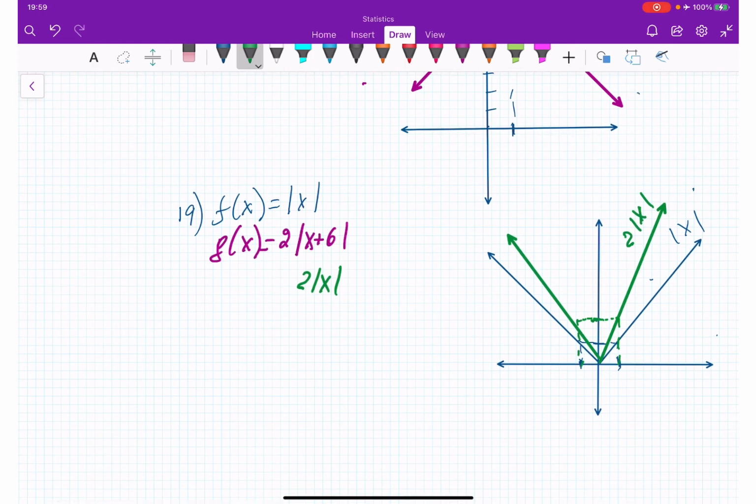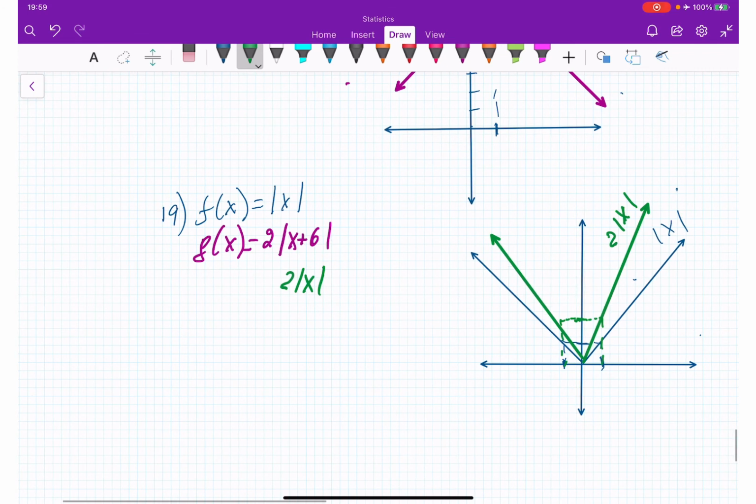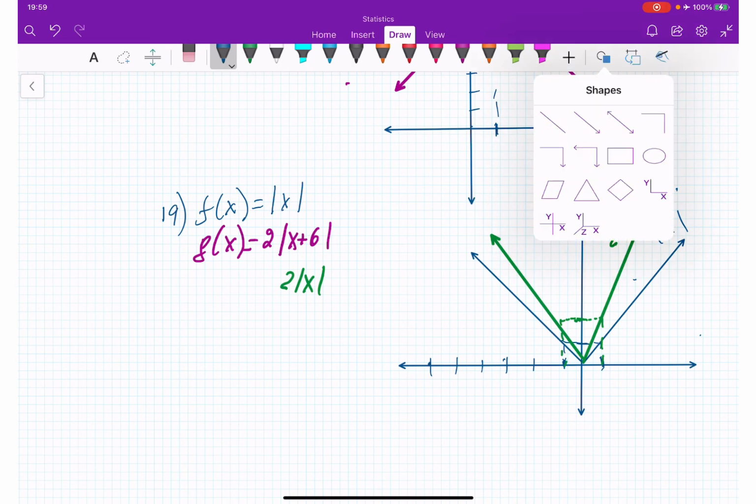And now we need to add to it a change of x towards negative 6. Okay, now it will be easy to do. Moving to negative 6. 1, 2, 3, 4, 5, 6. Okay, we provide a line.